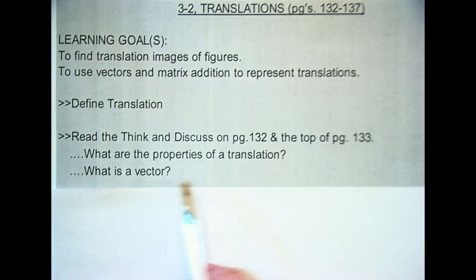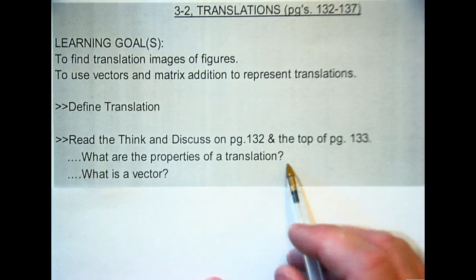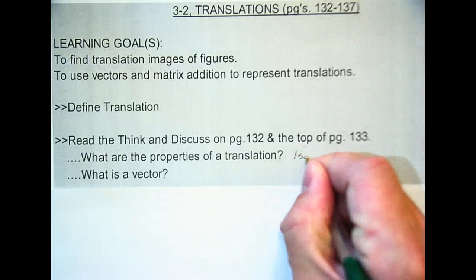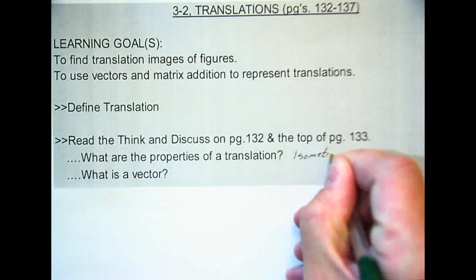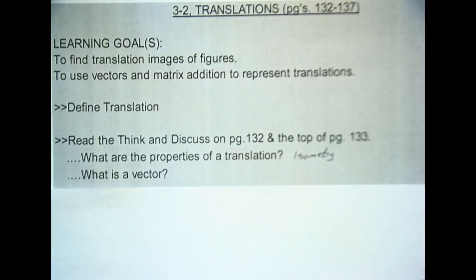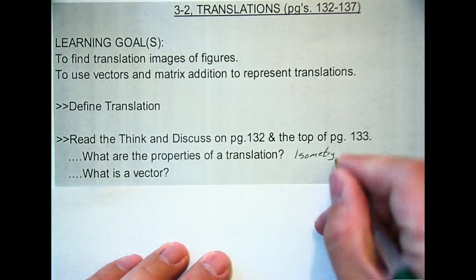All right. What are the properties of translation? Translation is an isometry, and translation doesn't change orientation. Good. It's an isometry. It does not change orientation. Tell your neighbor what orientation means.